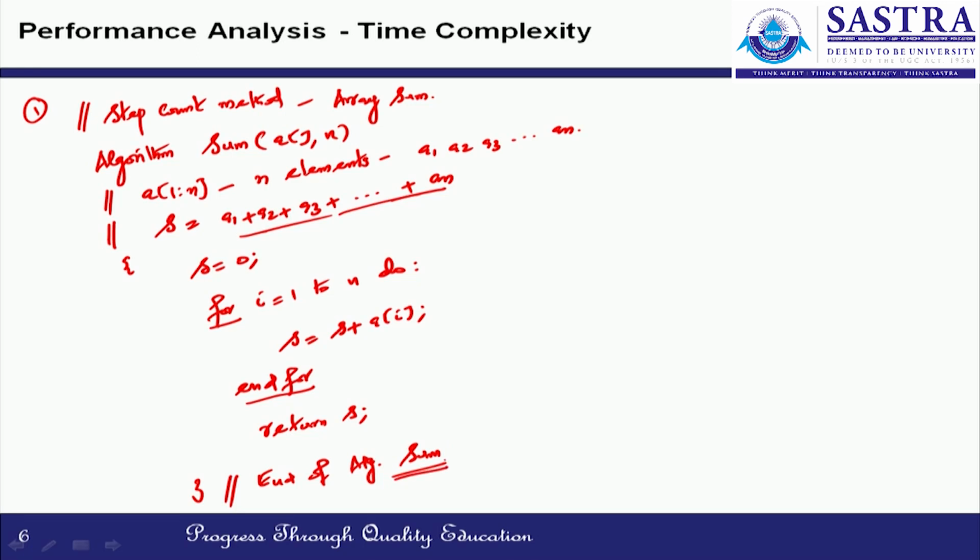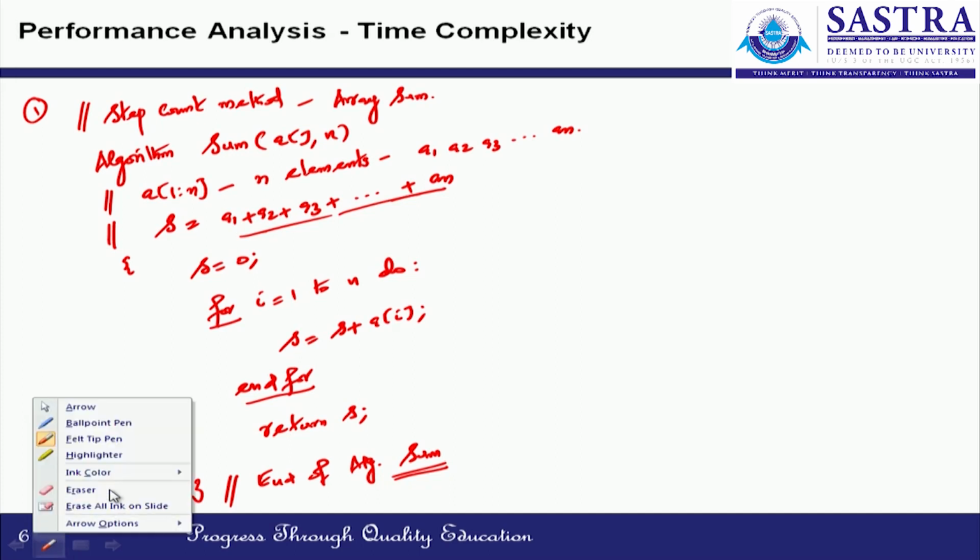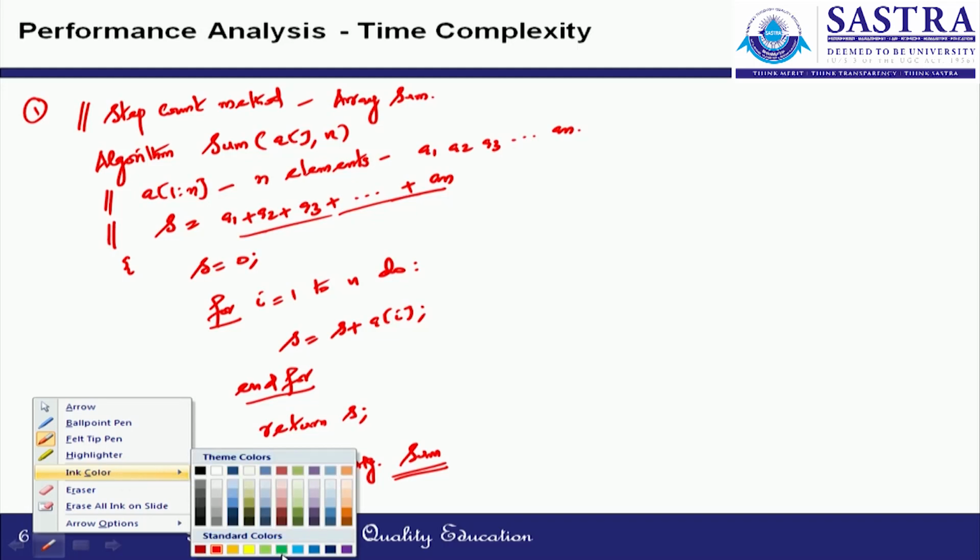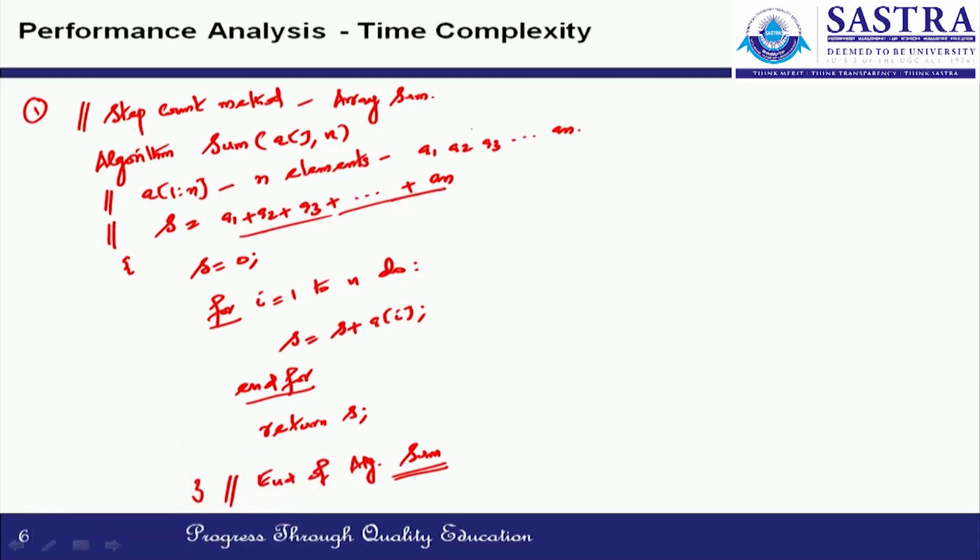In this algorithm, now let us apply the step count method. In step count method, we need to set a global variable count. So, introduce a global variable count. The variable count should be initialized to 0. For example, here count is a global variable. Initial value of count is 0.